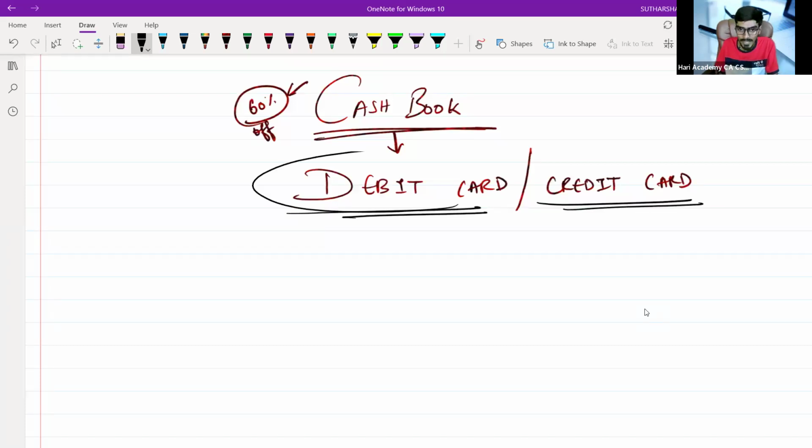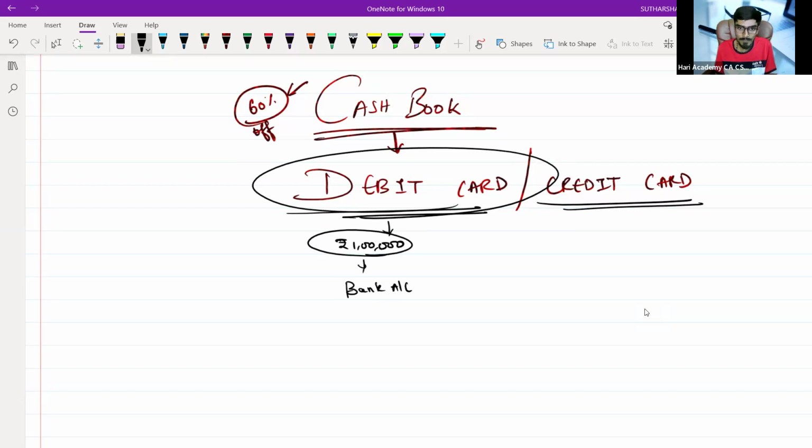So what is meant by debit card? Debit card means you have cash in your hand, say rupees 1 lakh. Instead of spending it in cash, I will put it in my bank account. Assume I have my bank account in Karur Vysya Bank, and I deposit my 1 lakh there.